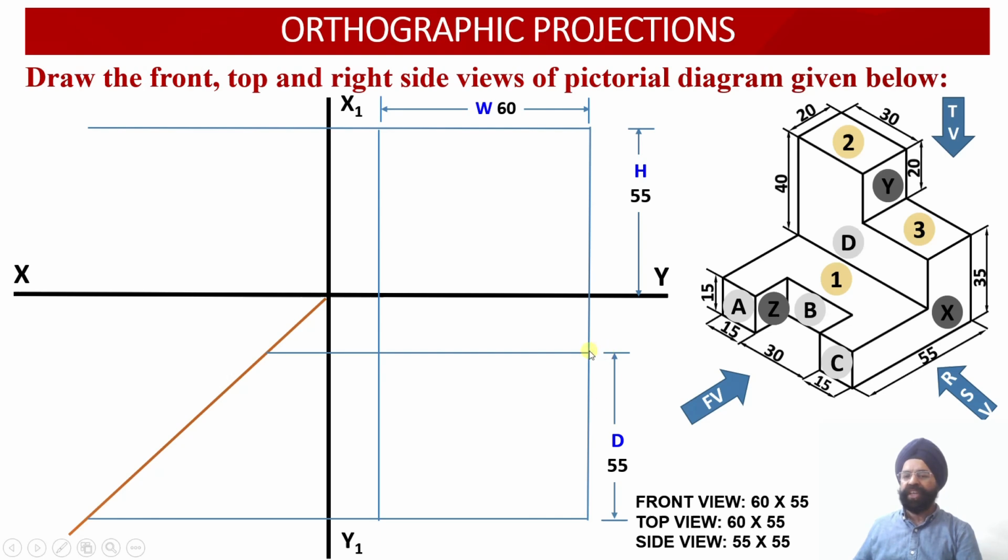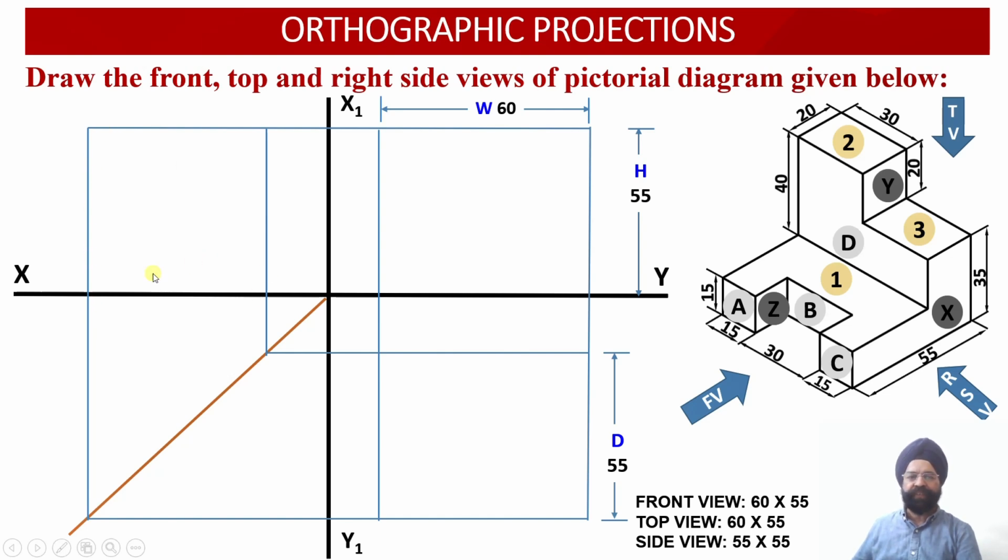Now the dimensions which were obtained on the top view, that is regarding the depth, could be transferred onto the right hand side view by using this transfer line. This is a transfer line which has been drawn at an angle of 45 degree, and using this transfer line, all the dimensions related to the depth can be transferred onto the right hand side view.